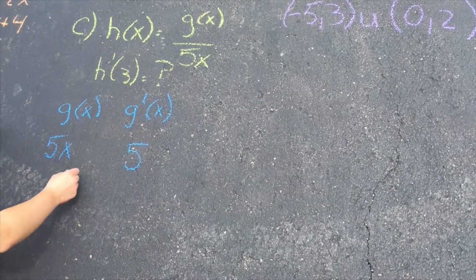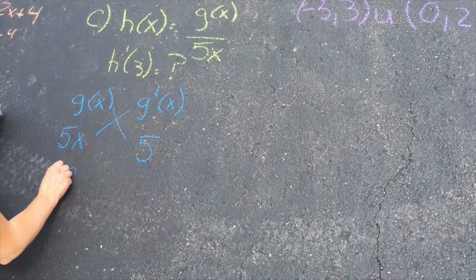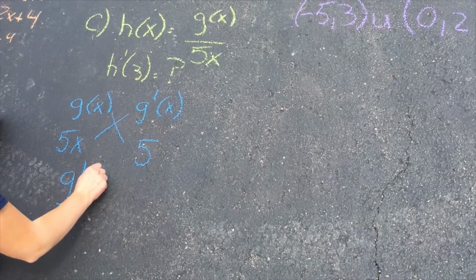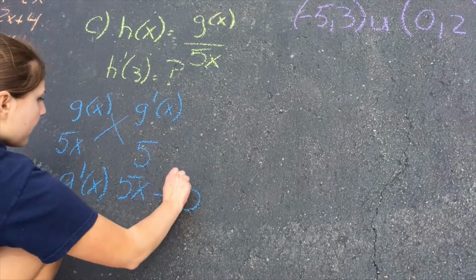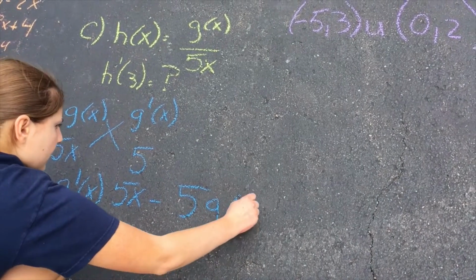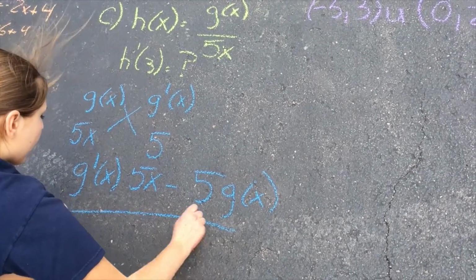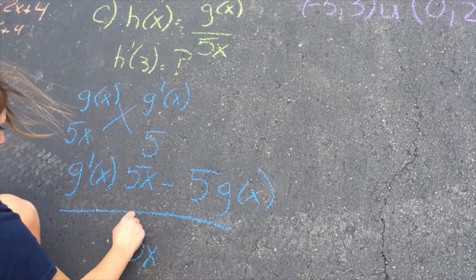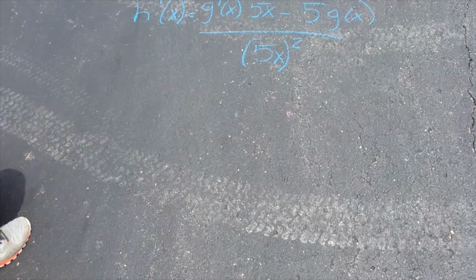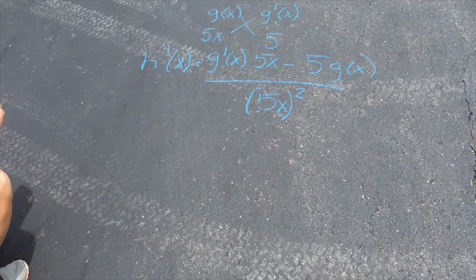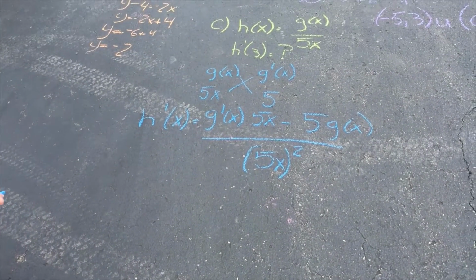Using the quotient rule again, g prime of x times 5x minus 5g of x, divided by 5x quantity squared. So now we have found h prime of x, but because we need to find h prime of 3, it becomes fairly simple.